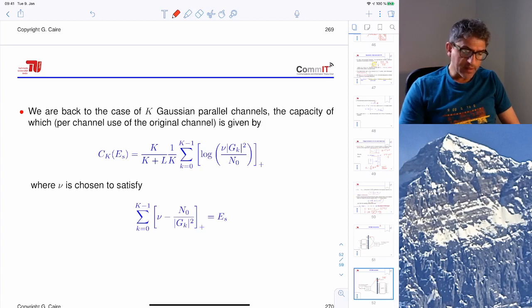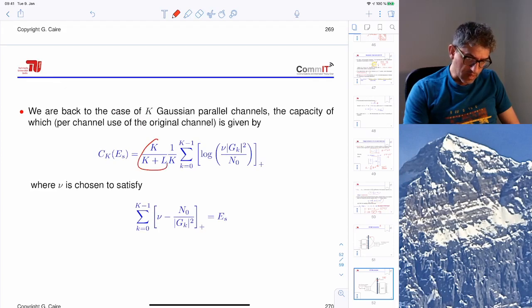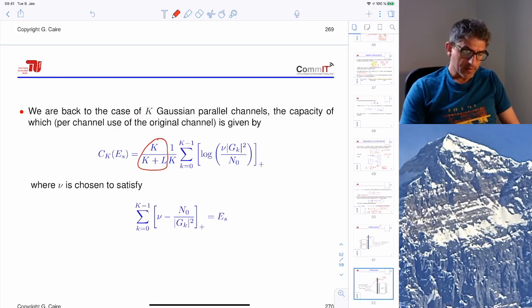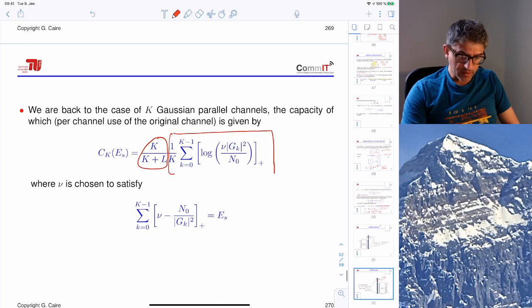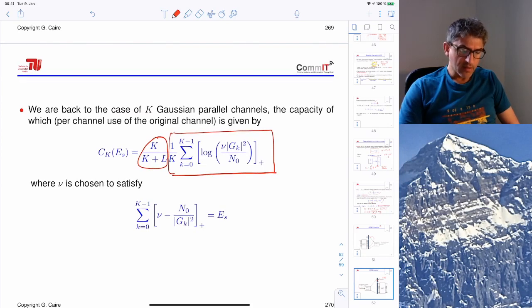Now we are interested in capacity per symbol, but we are transmitting sequentially a block of capital K symbols plus the cyclic prefix of L. So we have a factor here, which is the number of symbols we transmit, at the denominator K plus L, and then we multiply and divide by K. So here we isolate this expression, which is the capacity per dimension, per symbol.